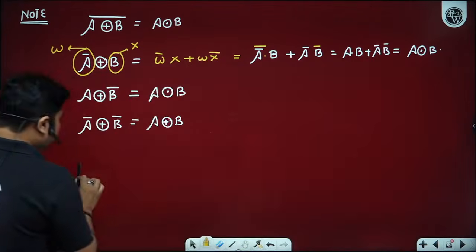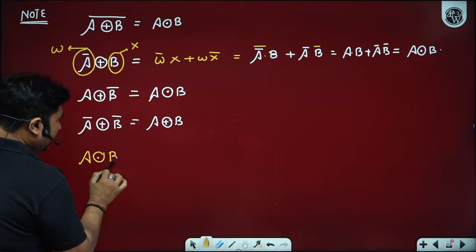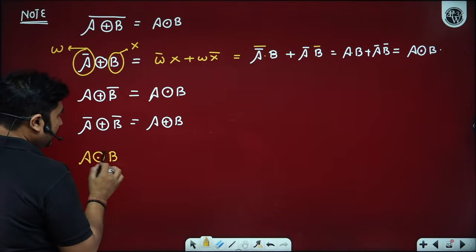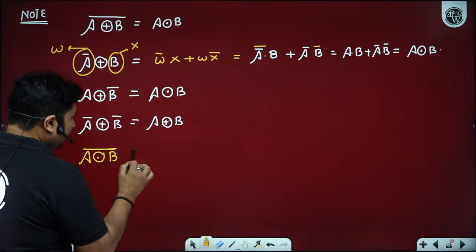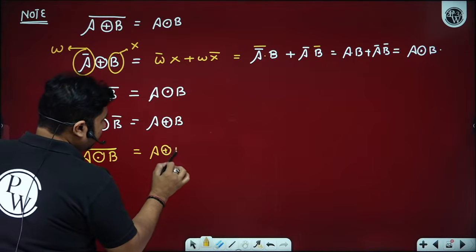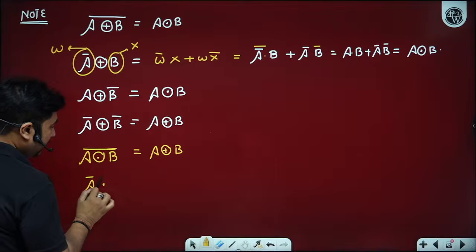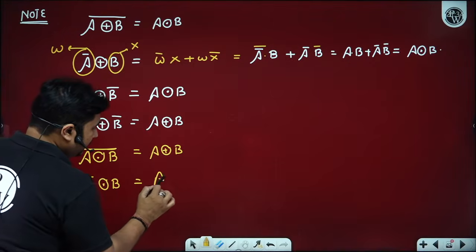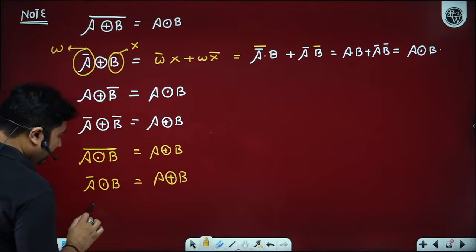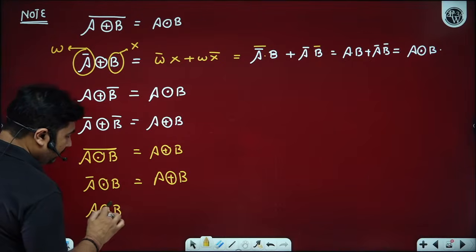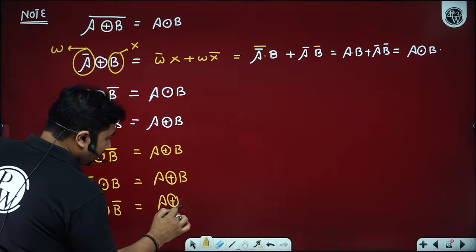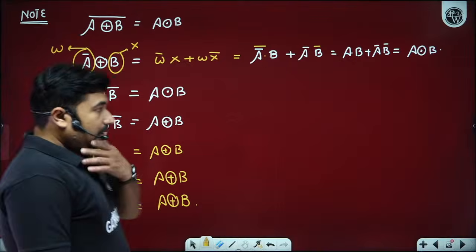In the same way, if we have A XNOR B bar, or A bar XNOR B, then it will become A XOR B. Is it okay?